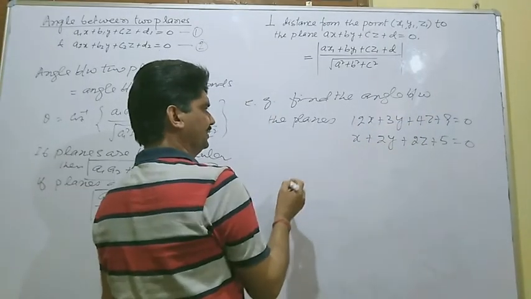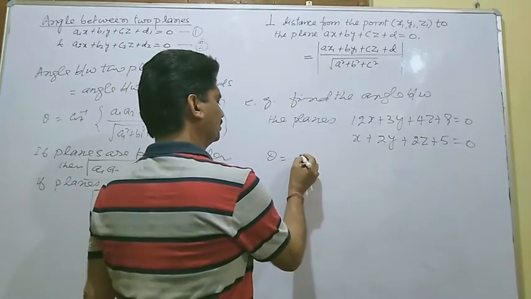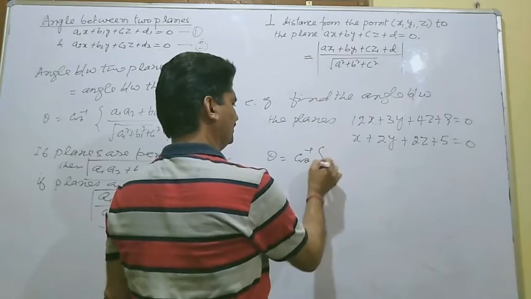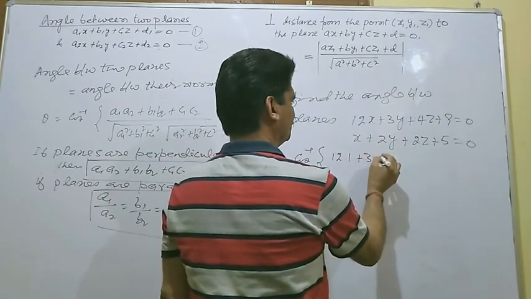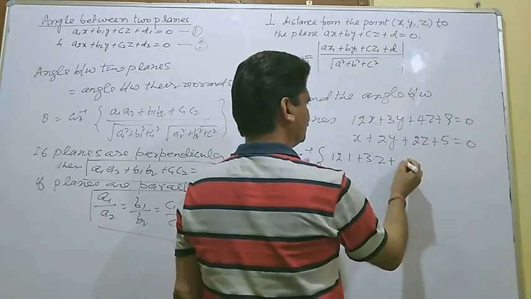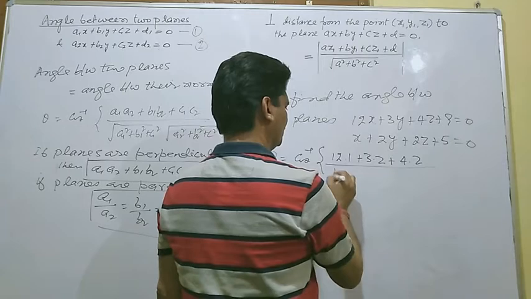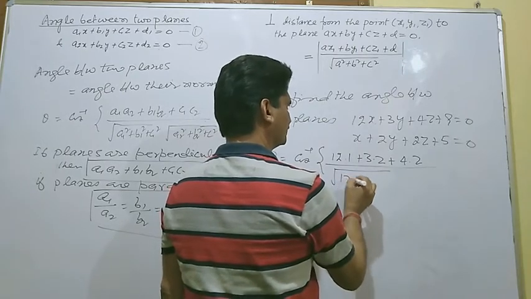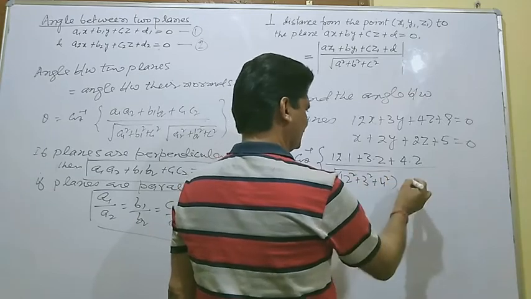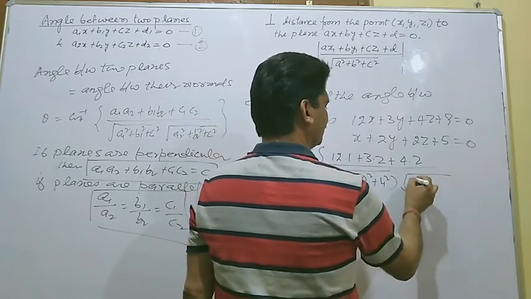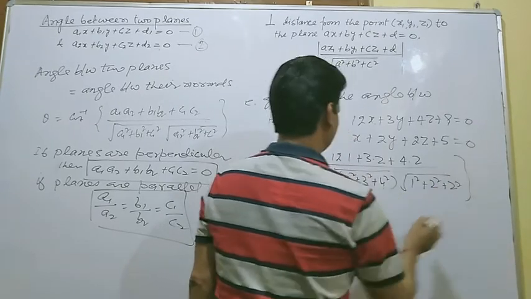So using this, if theta is the angle between them, then theta equals cos inverse of a1 a2, that is 12 into 1 plus 3 into 2 plus 4 into 2, upon under root of 12 square plus 3 square plus 4 square in first, into 1 square plus 2 square plus 2 square in second. This is fine.